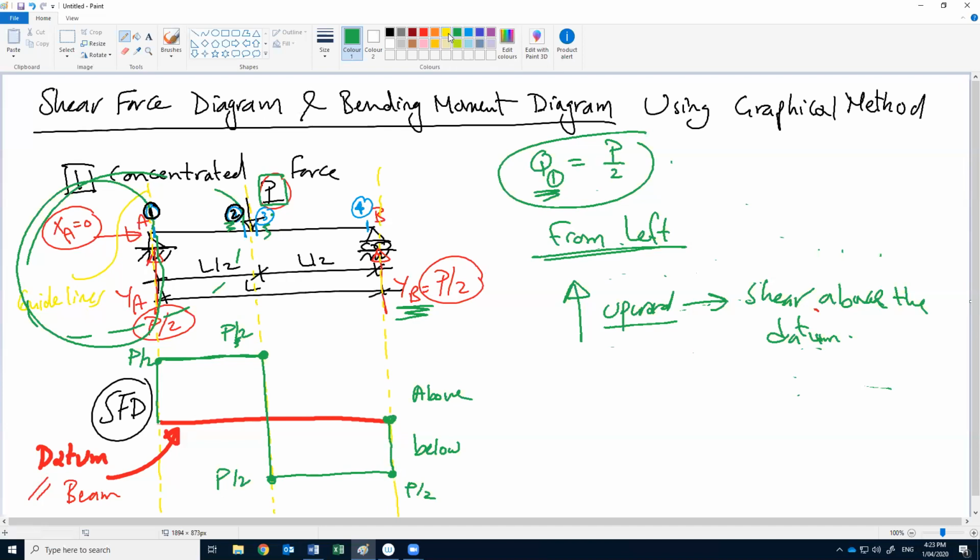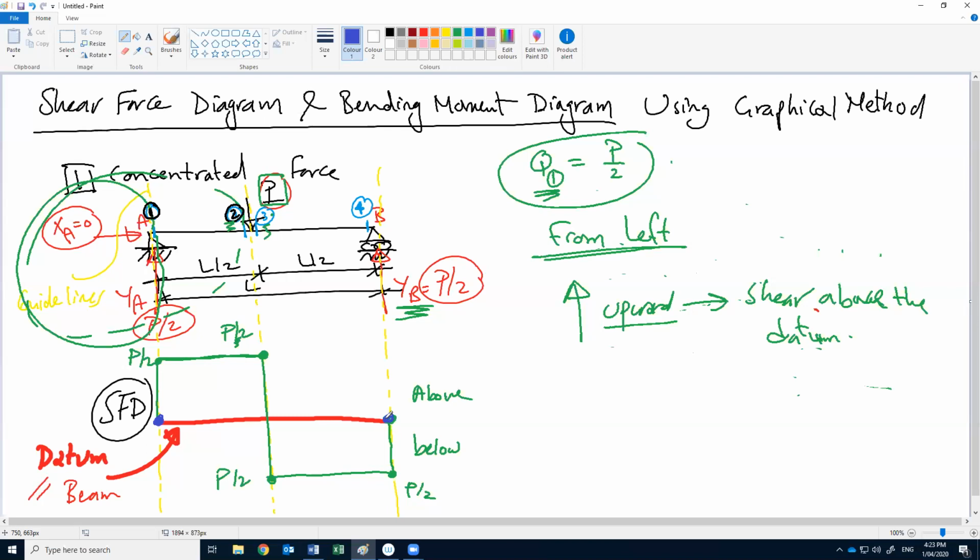Now we should notice that we start from 0, which is the datum, and end with 0. This is our check for this calculation or this graph. If we reach 0 again, our calculation is okay. If not, we need to check our reaction calculation again.